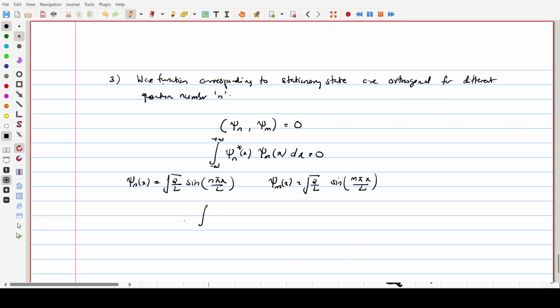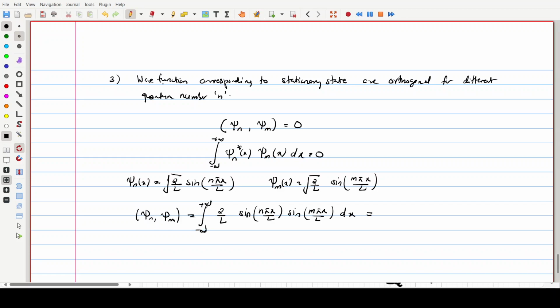So this integration, the inner product of psi n and psi m, from minus infinity to plus infinity, we can substitute, so it becomes 2 by L integral of sine n pi x by L and sine m pi x by L into dx.